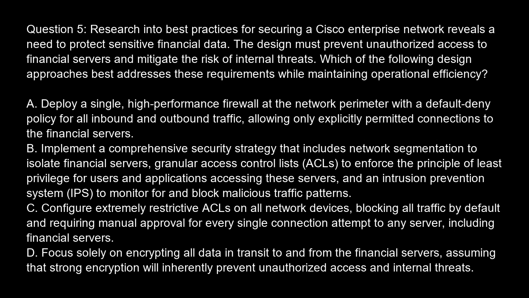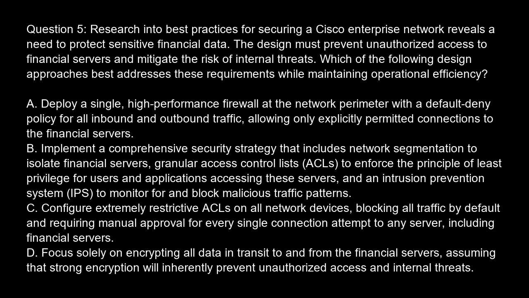Option B. Implement a comprehensive security strategy that includes network segmentation to isolate financial servers, granular access control lists (ACLs) to enforce the principle of least privilege for users and applications accessing these servers, and an intrusion prevention system (IPS) to monitor for and block malicious traffic patterns.